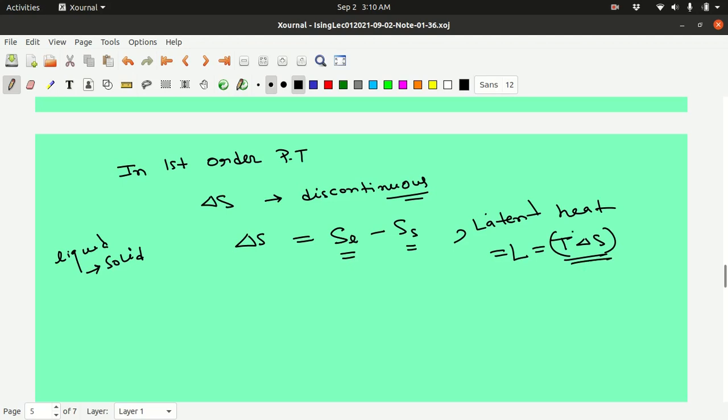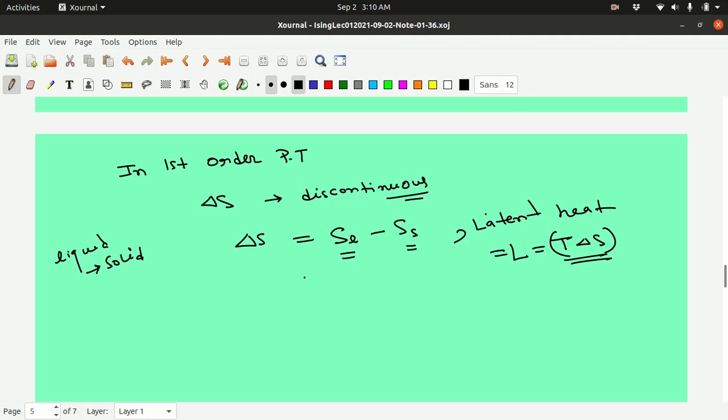To understand this, suppose you add heat to a block of ice at a constant rate, and its temperature increases steadily until it reaches 0 degree Celsius, where the temperature stays put until the ice is all melted. All the heat we put in at 0 degree Celsius goes into melting the ice, and this heat is the latent heat of transformation, right?